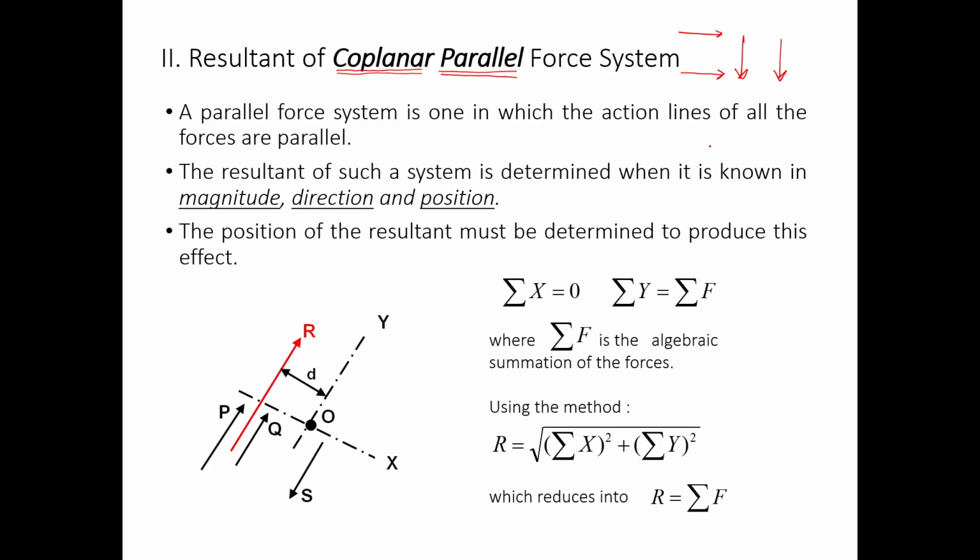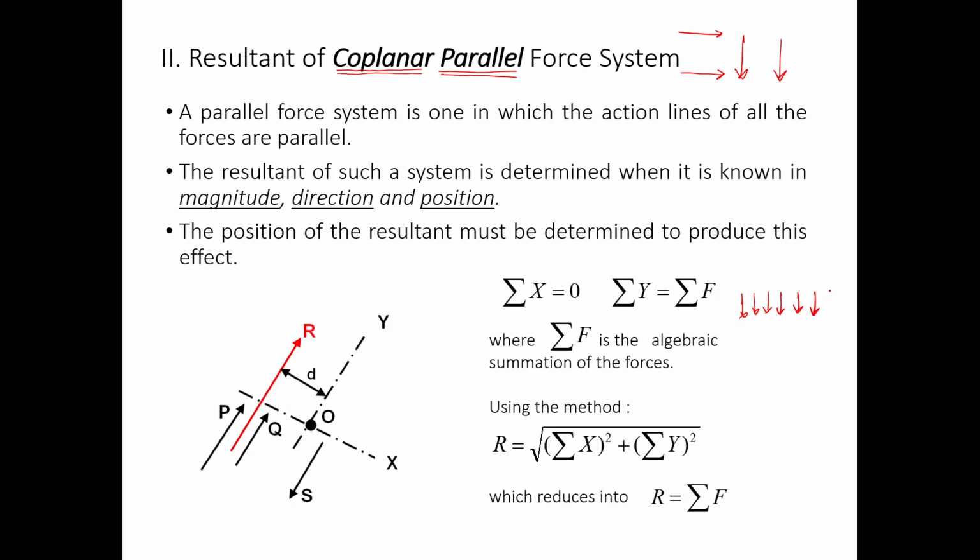So usually in the design of structures, we analyze parallel forces, especially in the slab, because the distribution of the slab forces is vertically going downwards, and the distribution is parallel.